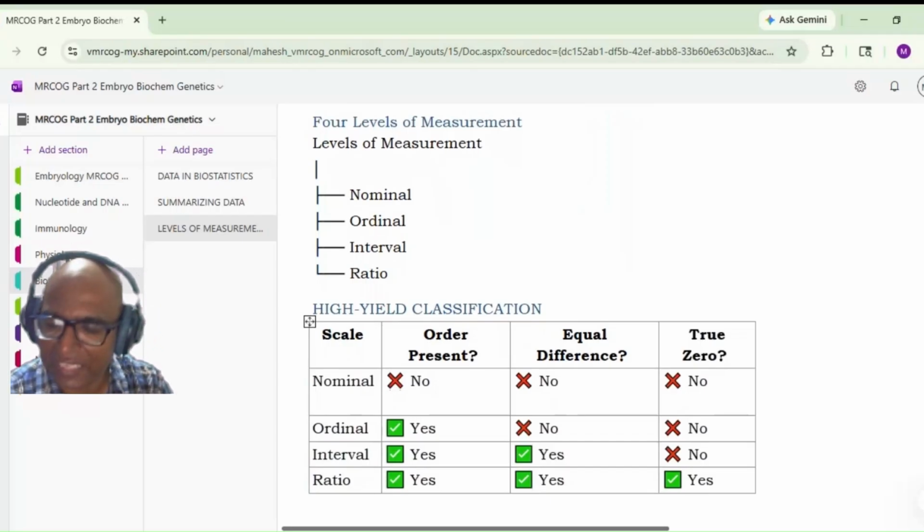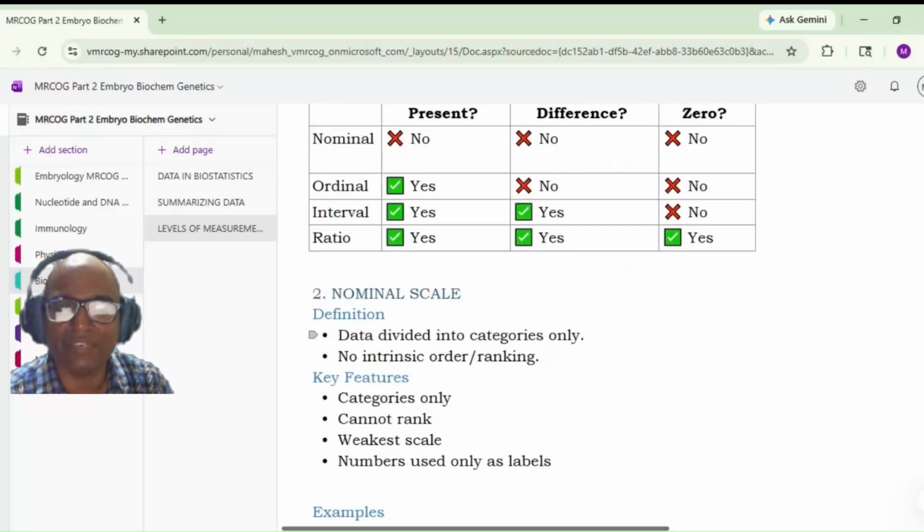But there is a difference, because you are measuring the temperature on a particular scale. So from 20 to 40 with a certain interval, the same interval will come to 60 or 80. So the interval is going to be the same, but there is no ratio as such. The ratios are not meaningful here.